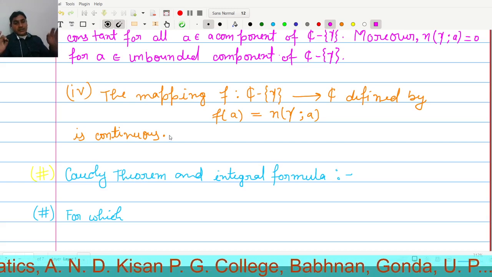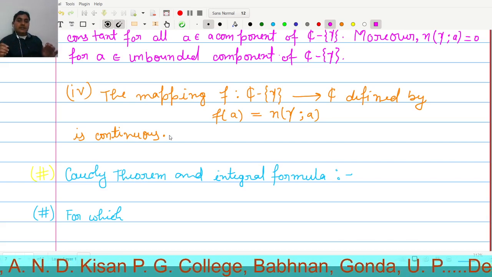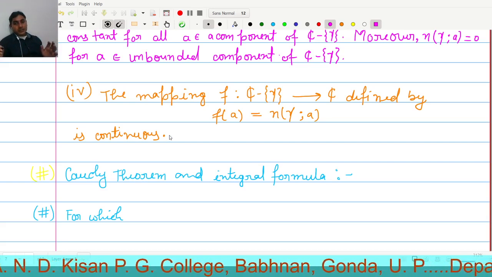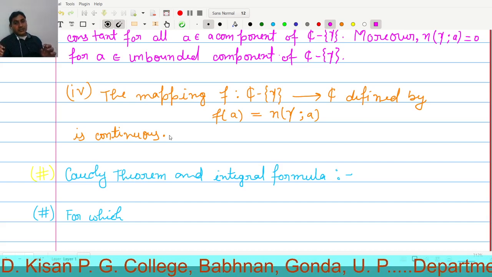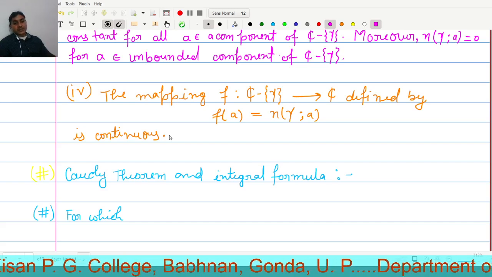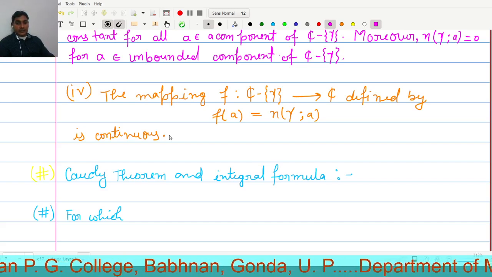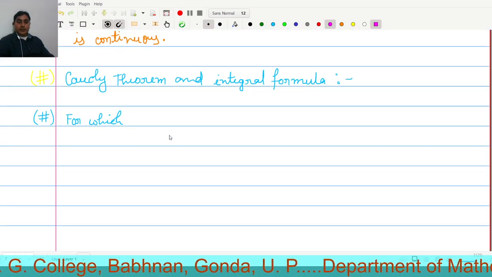Whatever we have discussed so far is not a part of the syllabus, but these are important things in the Cauchy theorem and Cauchy integral formula. So that's why these facts are really important.